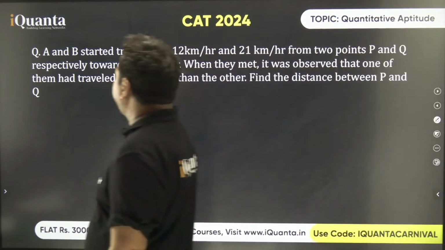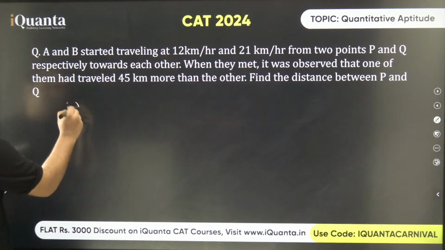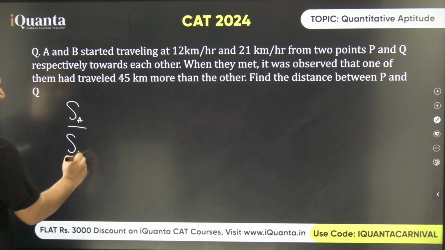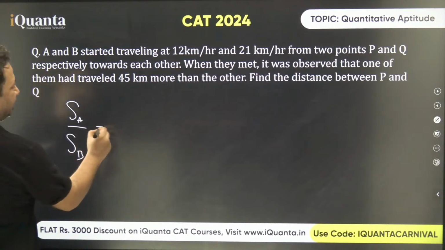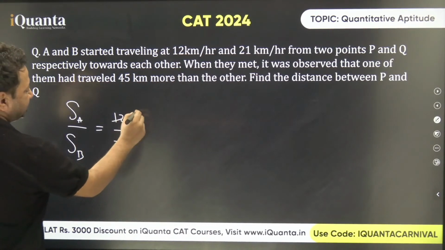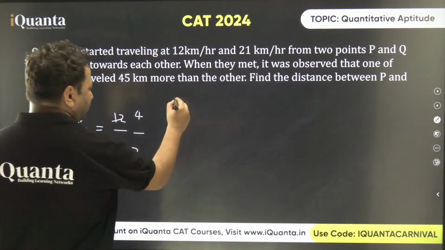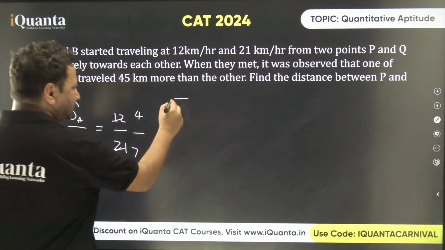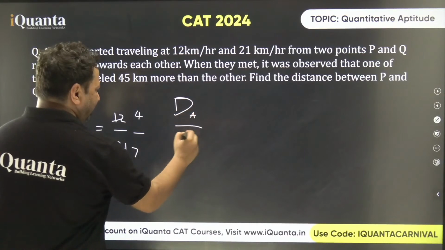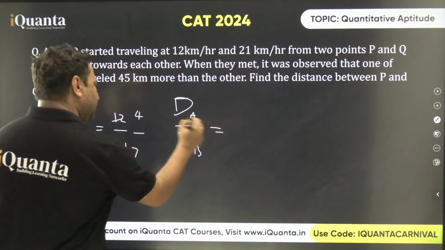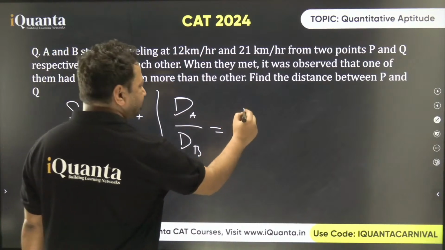Okay. So speed of A upon speed of B, if I try to find the ratio, will be 12 upon 21. 3 4s are 12, 3 7s are 21. The ratio is 4 by 7, which further means that distance traveled by A upon distance traveled by B would also have the same ratio, that is 4 by 7.